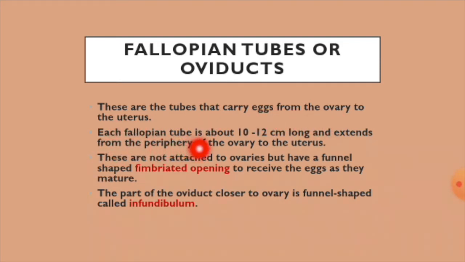Each fallopian tube is about 10 to 12 cm long and extends from the periphery of the ovary to the uterus. They are not attached to the ovaries but have a funnel-shaped fimbriated opening to receive the egg as they mature. The part of the oviduct closer to the ovary is funnel-shaped, called infundibulum.